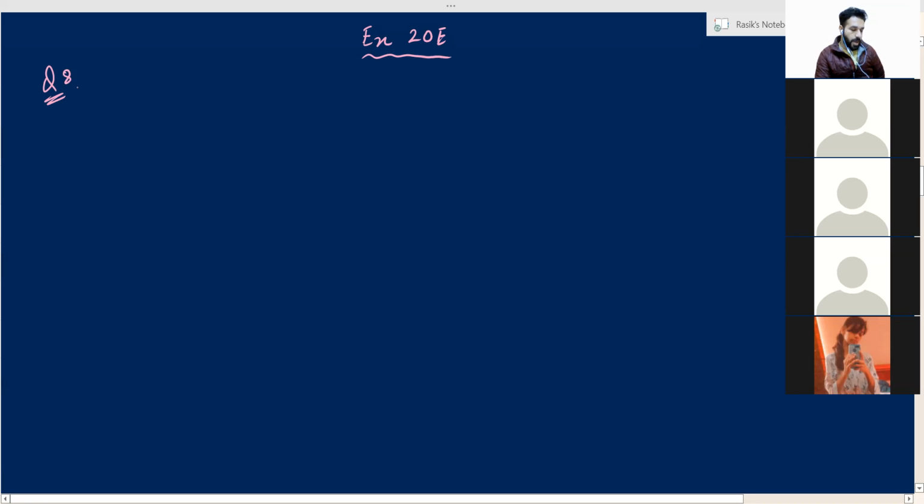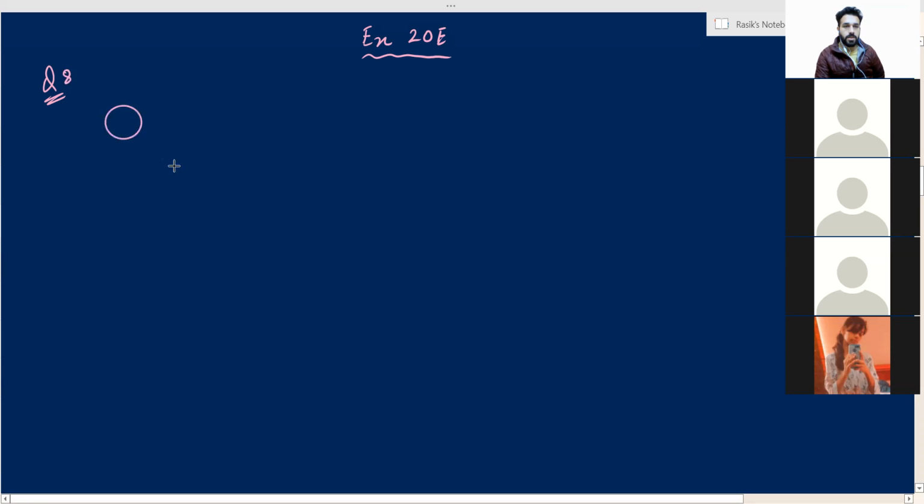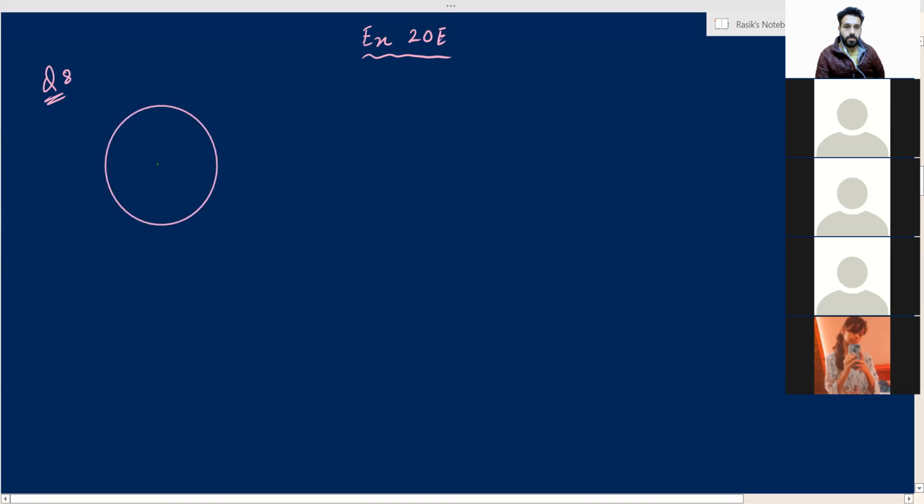How long will a man take to make a round of a circular field of radius 21 meter? There is a circular field. The radius of this circular field is given, 21 meter.